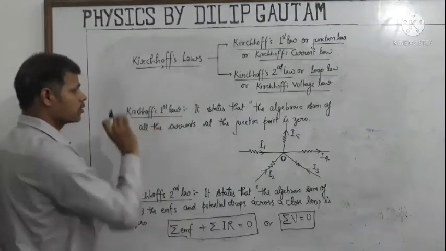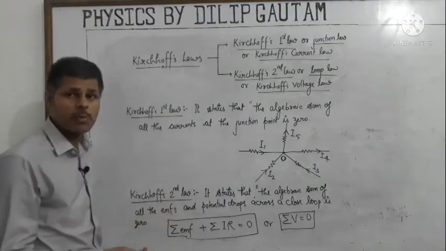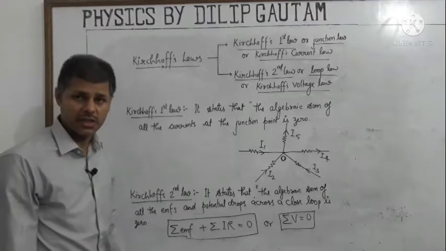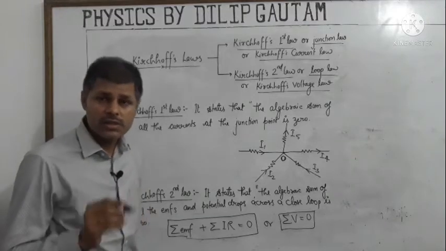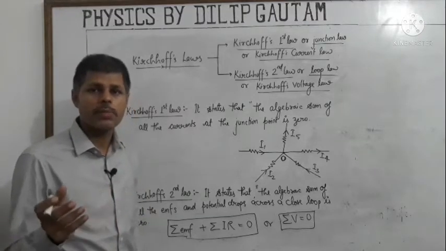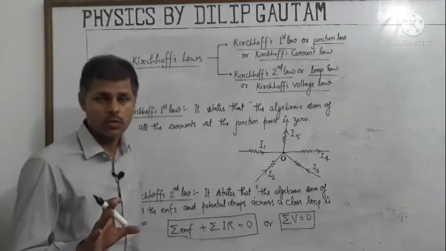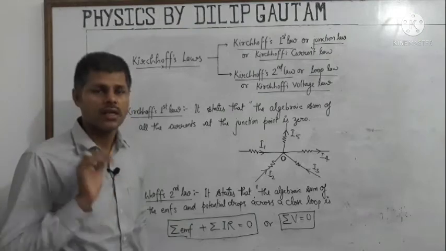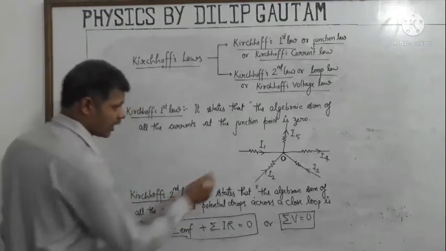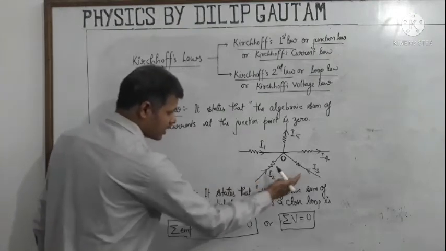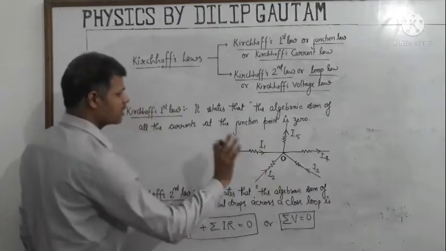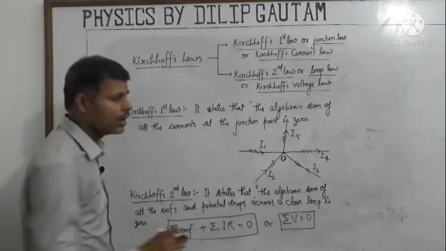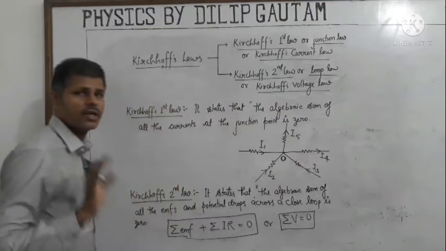So according to Kirchhoff's first law, the algebraic sum of all these currents at the junction point is 0. We consider all those currents which are coming towards the junction as positive and all those currents which are leaving away from the junction as negative. So here I1, I2, I3 are approaching the junction, that's why they will be considered positive, and I4 and I5 will be considered negative.